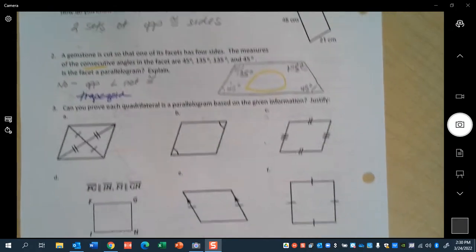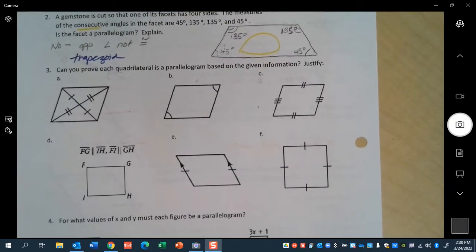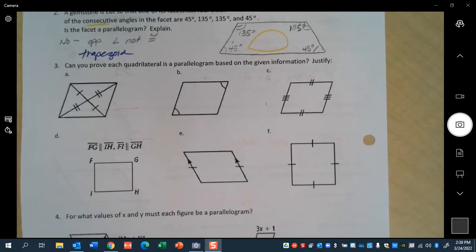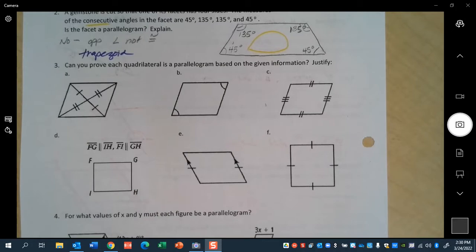All right, so here's the deal. Lots of conversation about these justifications, and I'm with you. I want the fastest, most efficient way of going about doing everything, because that makes sense to me, but I don't want to cut corners, and I want to make sure that I am learning.